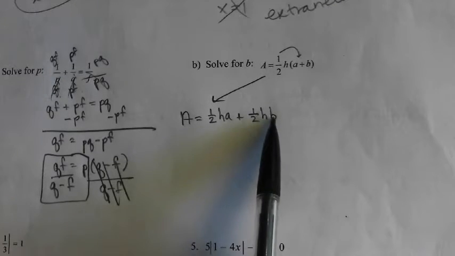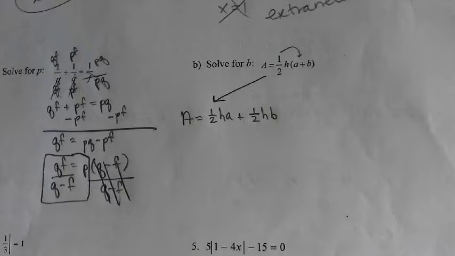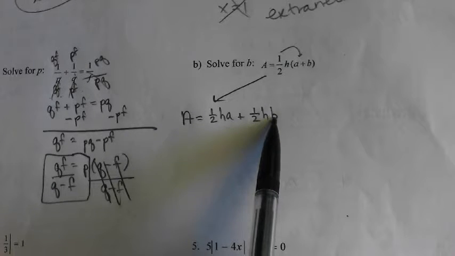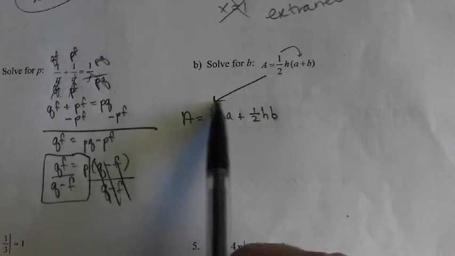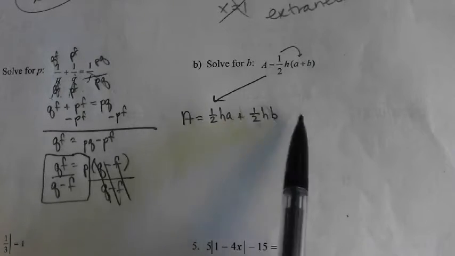Solving for B. Remember, keep your eye on what you're solving for. So what on this right side should I get rid of next? Let me give you a technique. If you know you're solving for B, pretend everything else is a number. Pretend this is 10, pretend this is 20, plus pretend this is 5B.